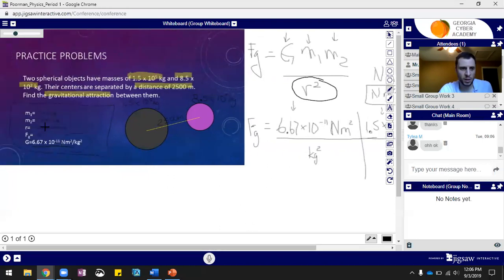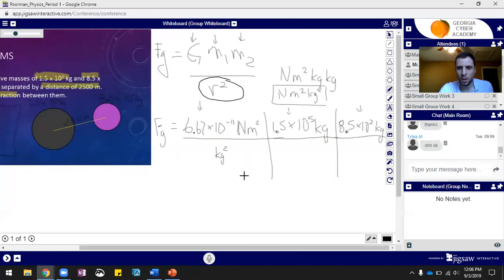So what is our distance? It is 2,500 meters. And it doesn't matter where that goes essentially, as long as it's on the bottom somewhere. We can put it right here. 2,500 meters. We want to square that. And that is 6,250,000 meters squared.